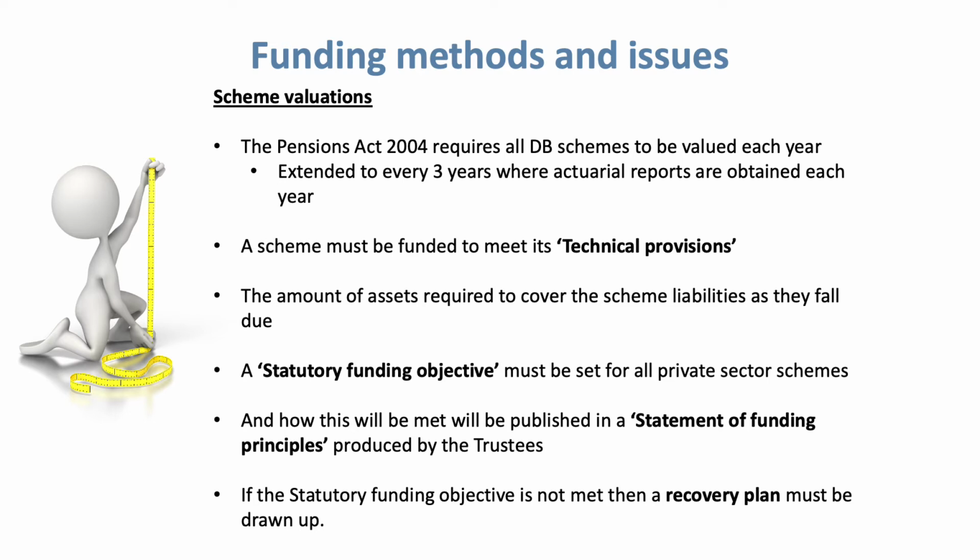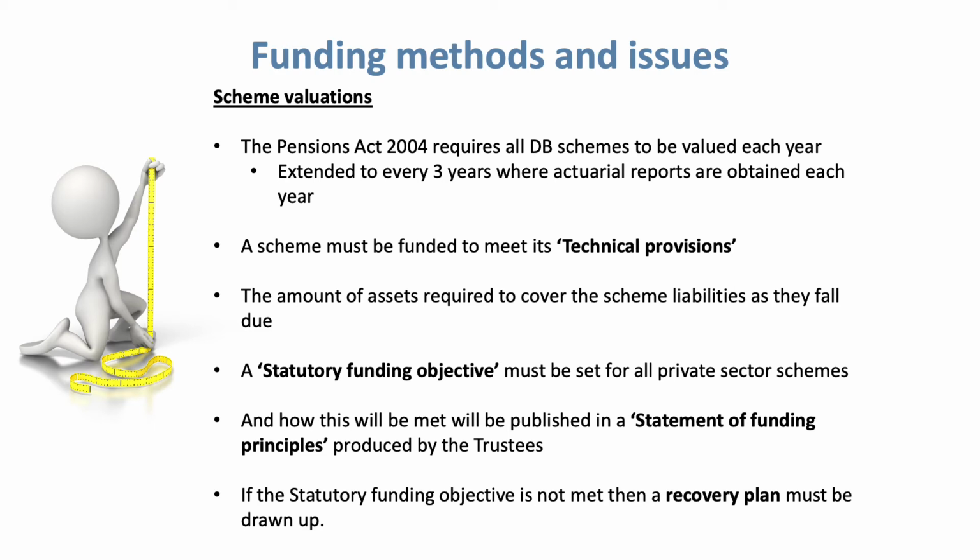Now, there's a lot of words here that we're throwing at you in this particular slide. But I think the key thing is a scheme must meet its technical provisions, i.e. it must meet what it needs to meet. What it needs to meet is known as a statutory funding objective, and this will form part of a broader published statement of funding principles that the trustees produce.